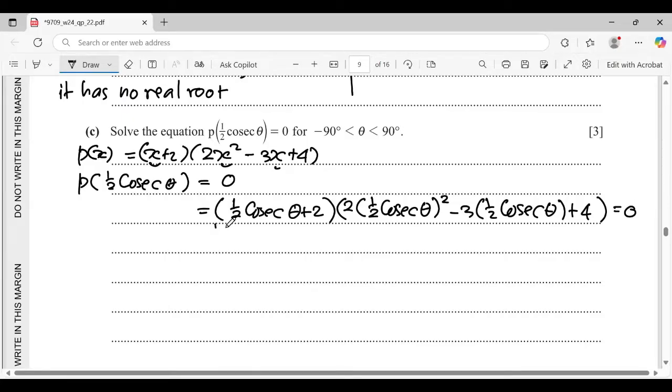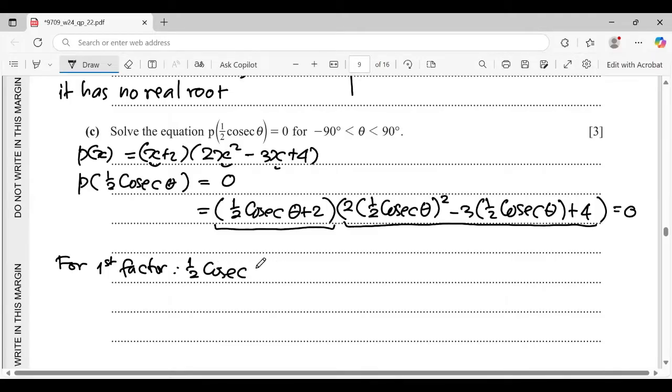Now we're going to check this term and this term. For the first factor, 1/2 cosecant theta plus 2 equals 0. So 1/2 cosecant theta equals minus 2, so cosecant theta equals minus 4.